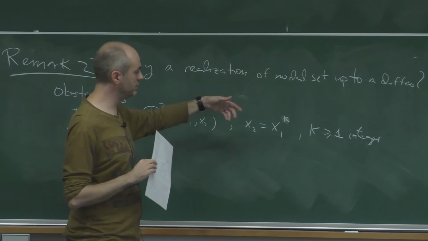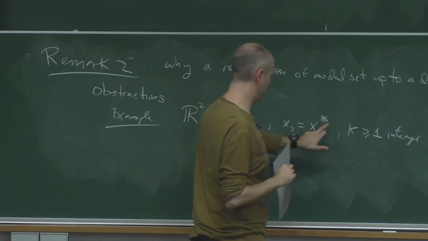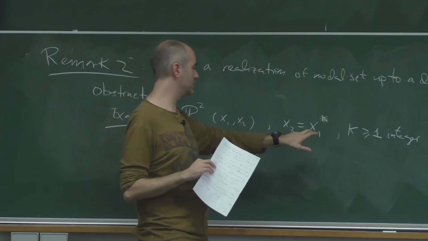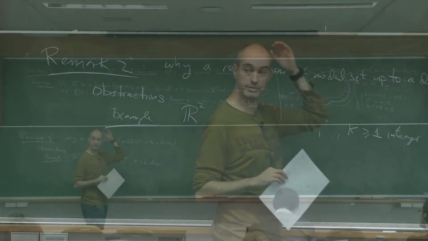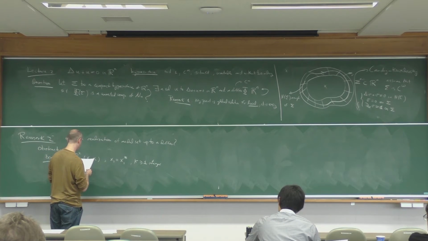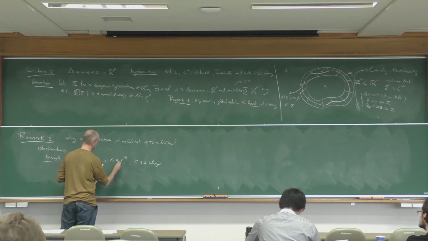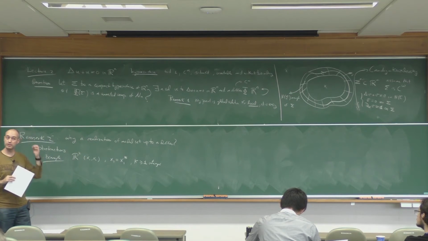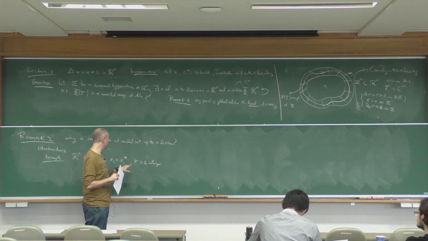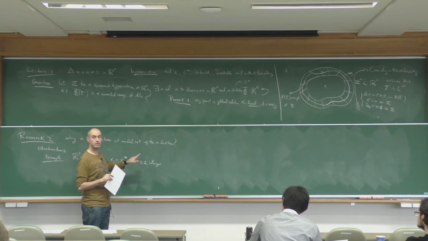So you have a linear curve, you have the parabola for k equal to 2, you have the cubic, etc. So the point is that these curves can be a component of the nodal set of a harmonic function if and only if k is equal to 1 or 2.